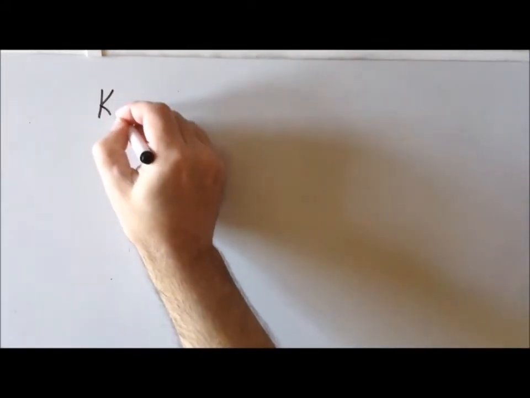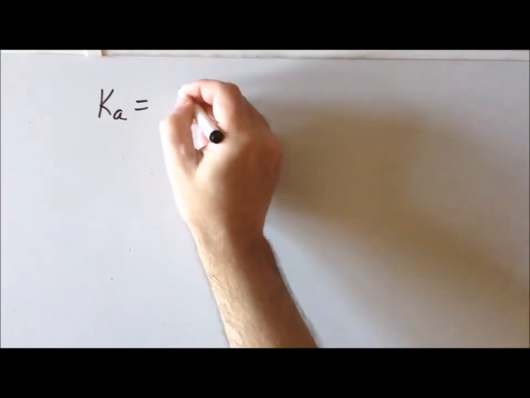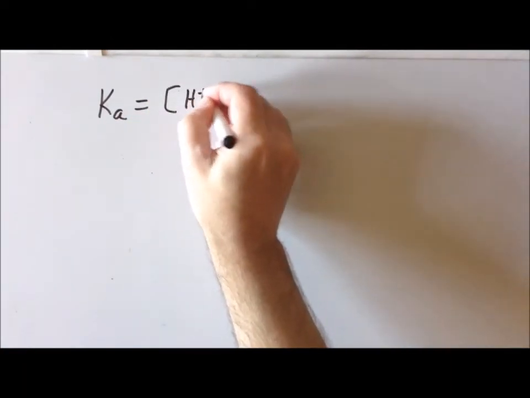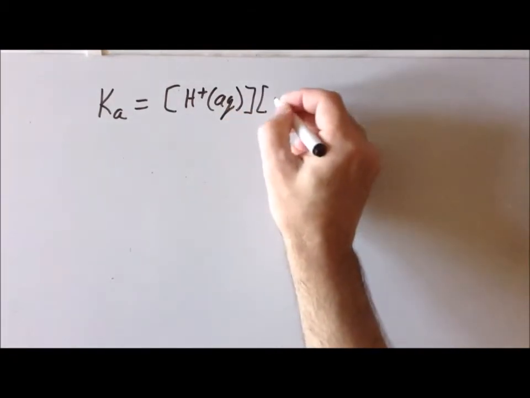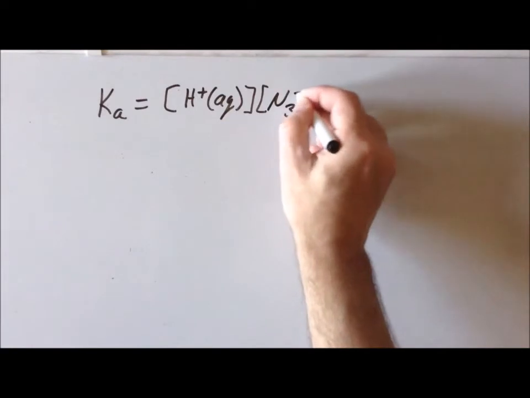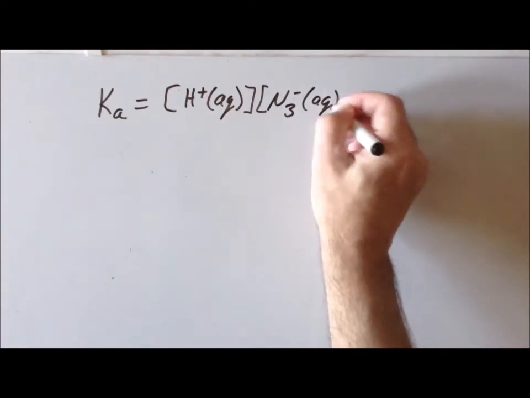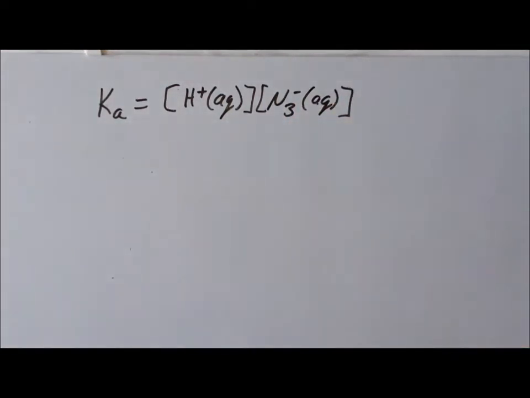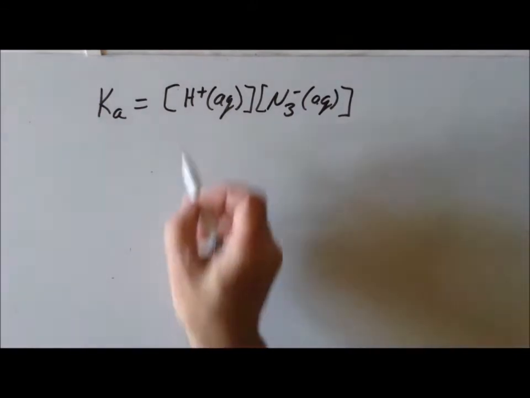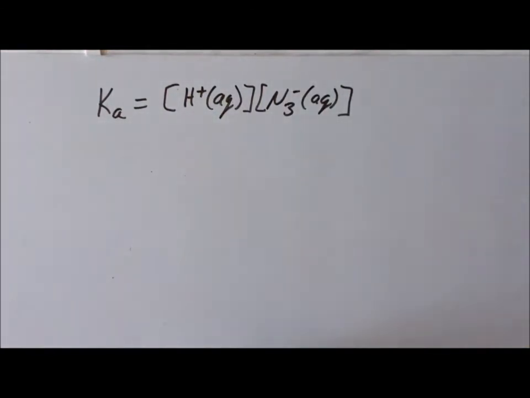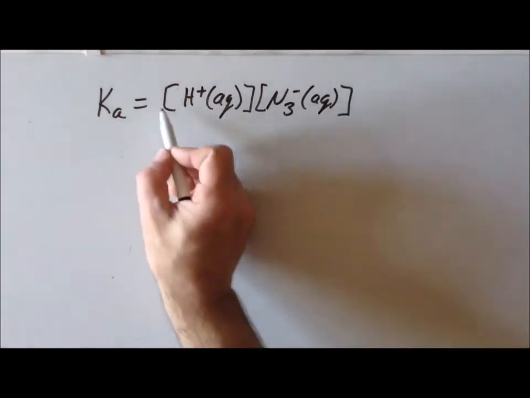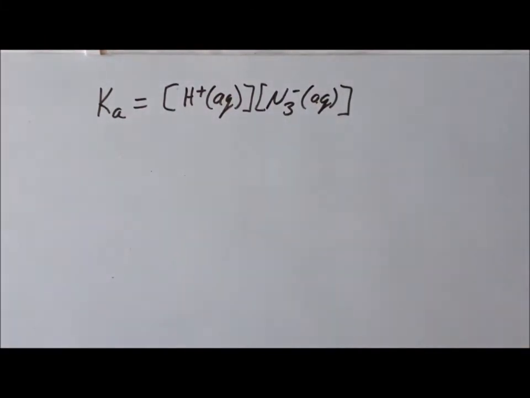Let us rewrite our equilibrium constant one more time on a fresh board. We have our proton on top times the concentration of azide ion. One thing that is good to review at this point is that even though the products are linked together in the chemical reaction by plus signs, we multiply the concentrations when we calculate the equilibrium constant.